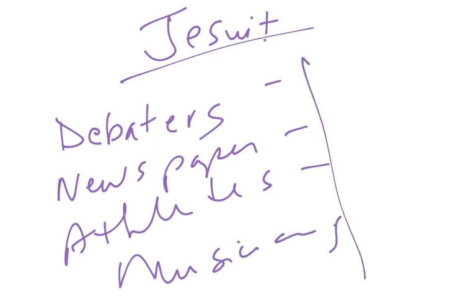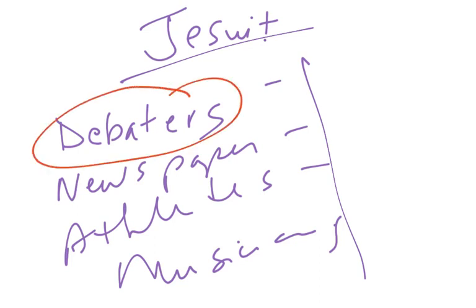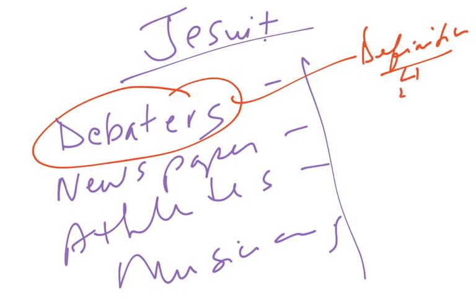Okay? So we're classifying there. And then once we talk about debaters, we're going to give a little bit of a definition of what is a debater and his traits, and then we're going to have our examples of that.